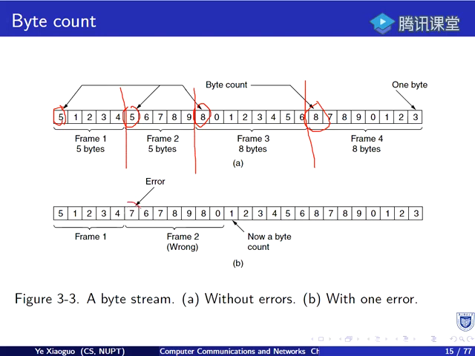If the 5 has changed to another value, if an error occurs in this place, then the end of the frame will be wrong, right?